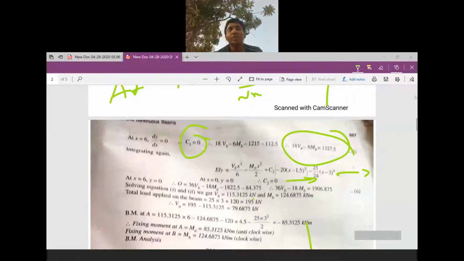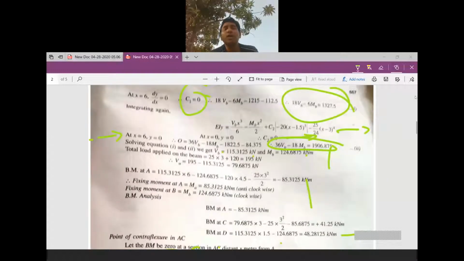Then you substitute the second boundary condition at x is equal to 6, y is equal to 0, and you get another equation. Solving equations 1 and 2, you get the values of VB and MB. After getting these values, you calculate the other support reaction VA using upward forces equal to downward forces, that is sigma Fy is equal to 0, and you get the value of VA.